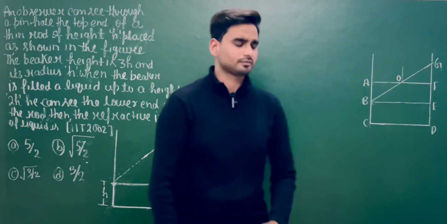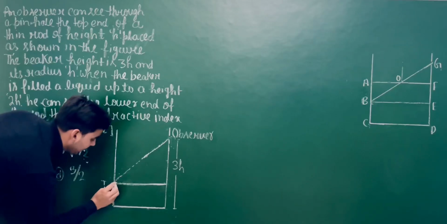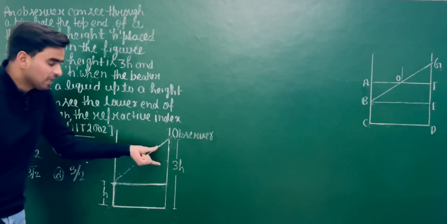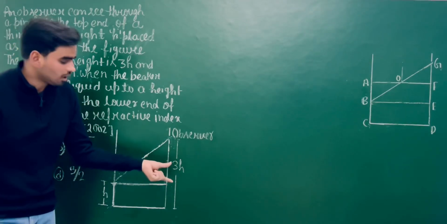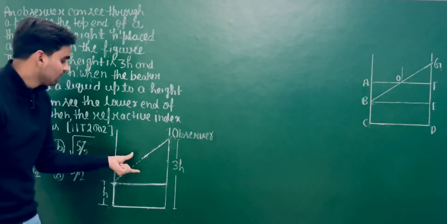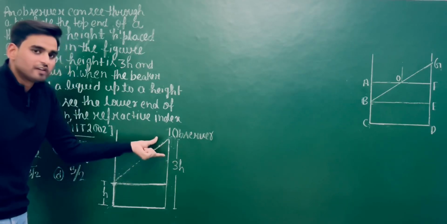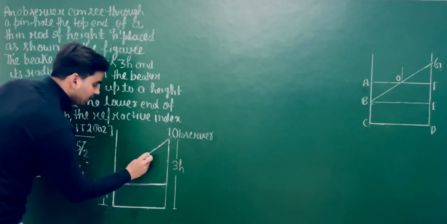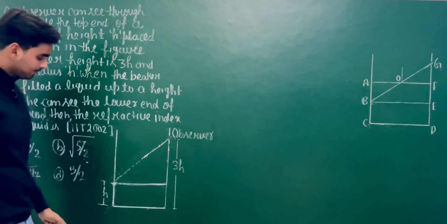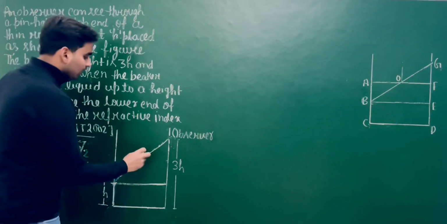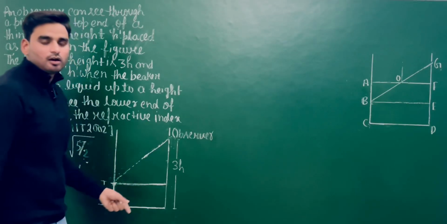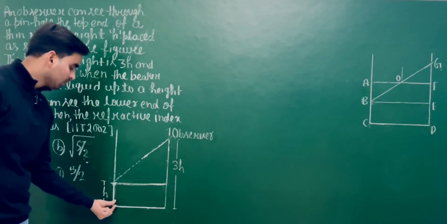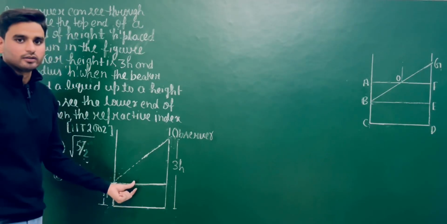In this question, the top end of a rod having height h placed in a beaker of height 3h is visible for an observer that sees it through a pinhole. It means this is the only track for any ray coming from any part of the rod.